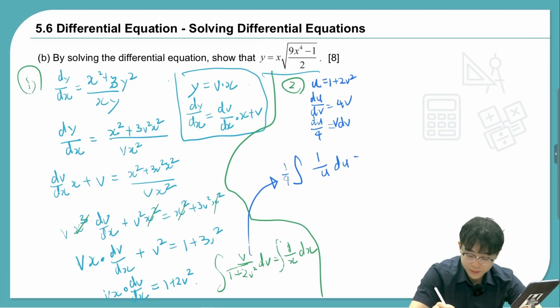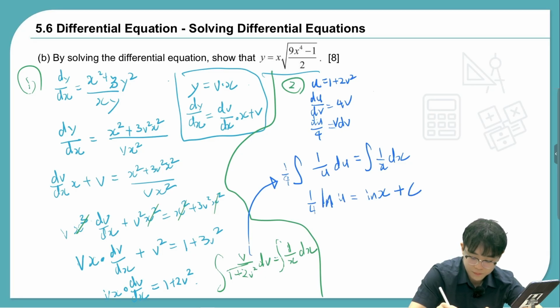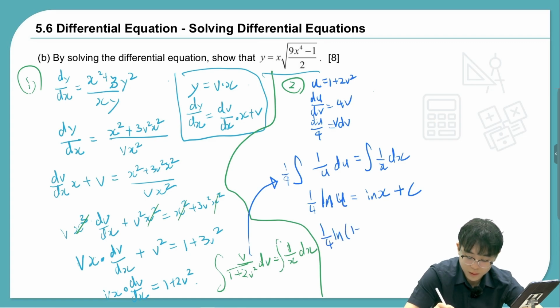On the right side, we would just get the integral of 1 over x dx. So we get a bunch of natural logs. We get 1 over 4 ln u is equal to ln x plus c, some integration constant there. Now we want to change it back to the v's again. So 1 over 4 ln of 1 plus 2v squared is ln x plus c. And how do you find c?